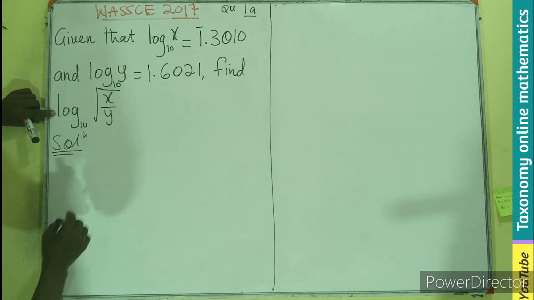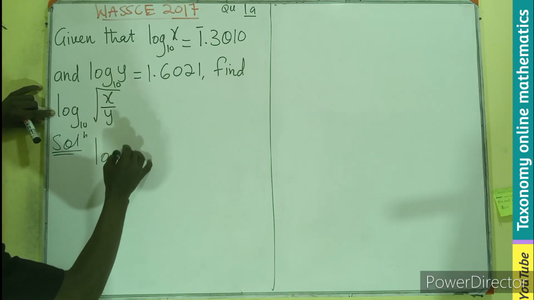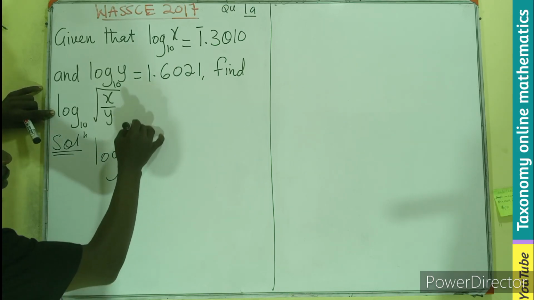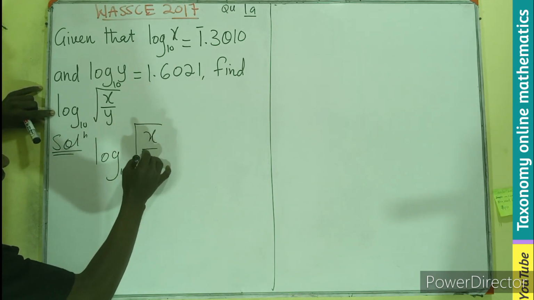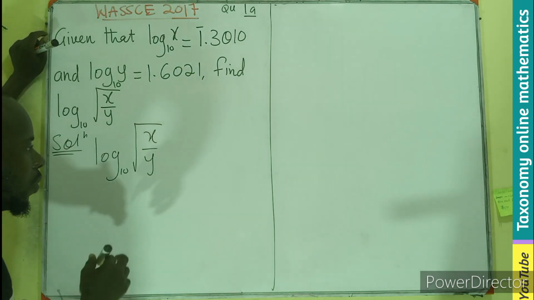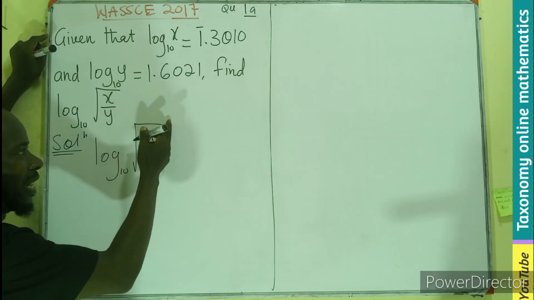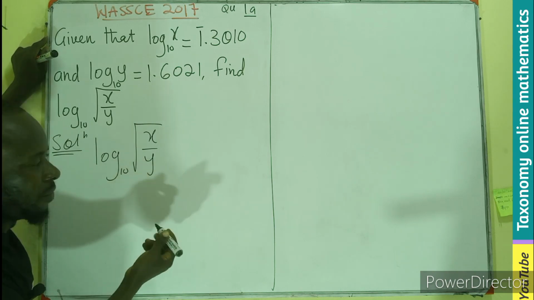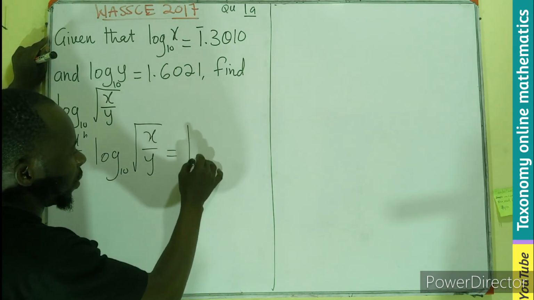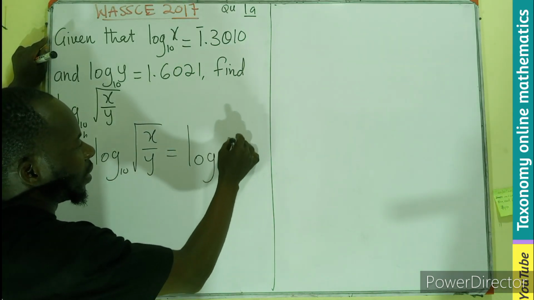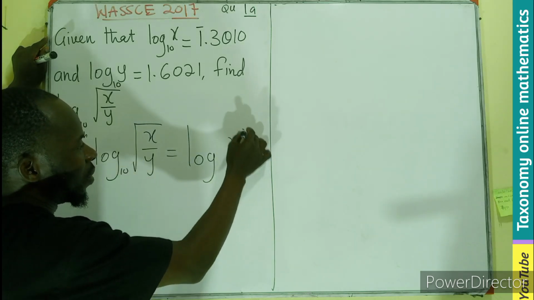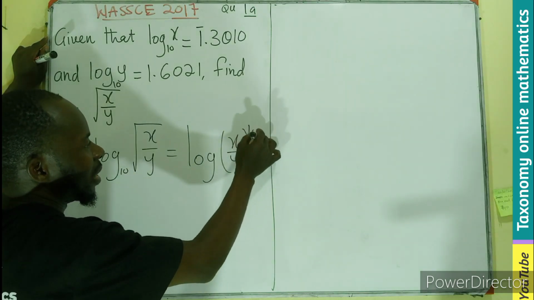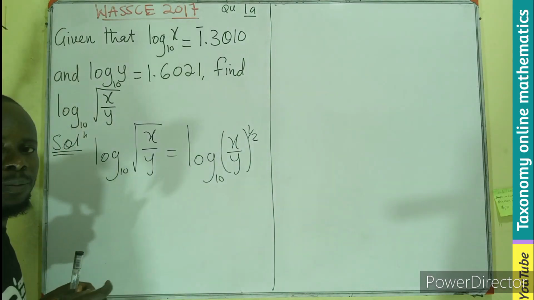We are beginning with the log of the square root of x divided by y. We can turn the square root into a power of half. So this becomes the log of x divided by y, all to the power half, base 10.